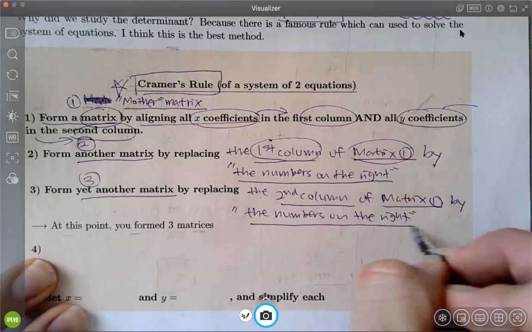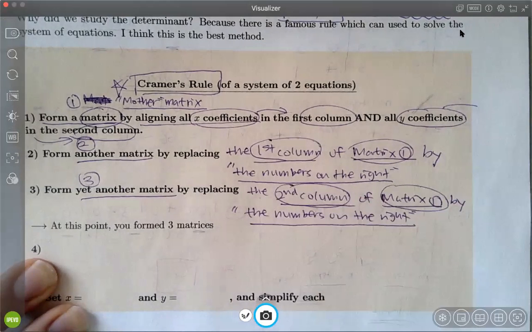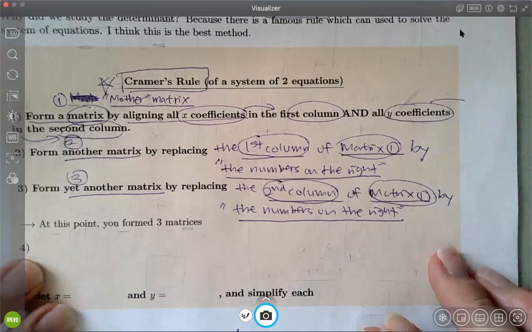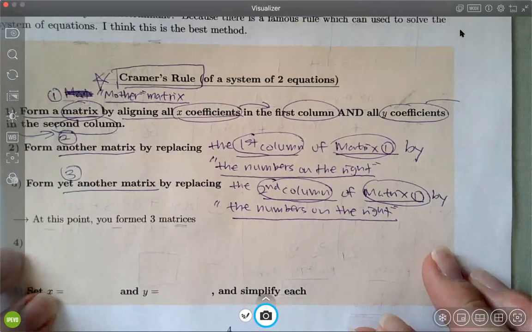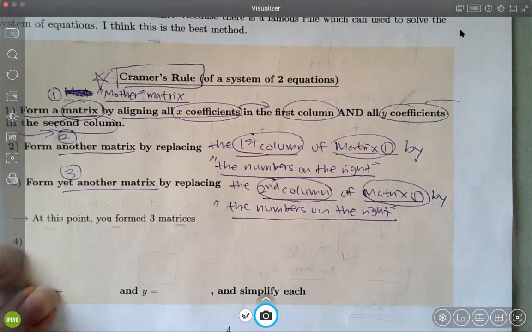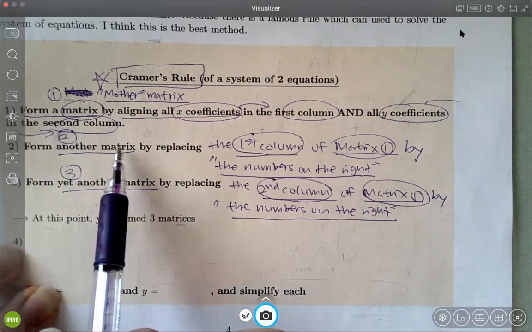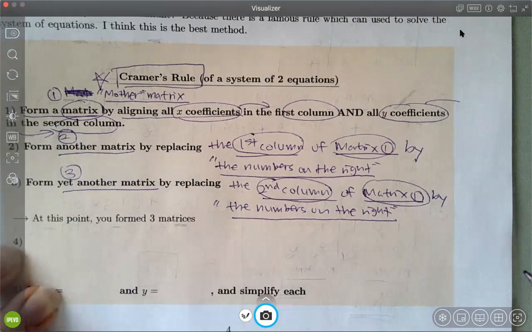Basically, whenever you replace certain columns of a matrix, you always go back to the parent matrix. So what does it mean? This mother matrix produces these two children matrices.